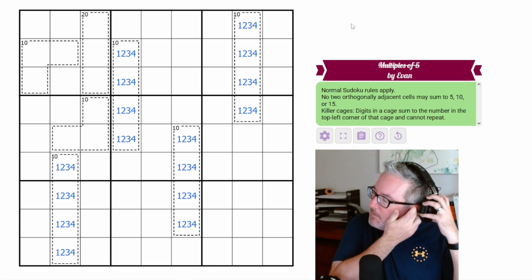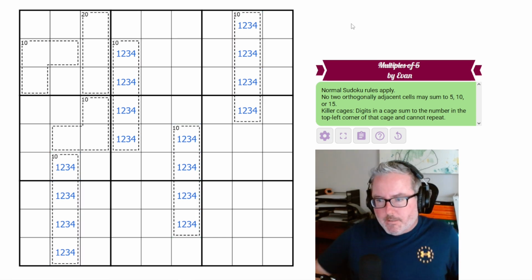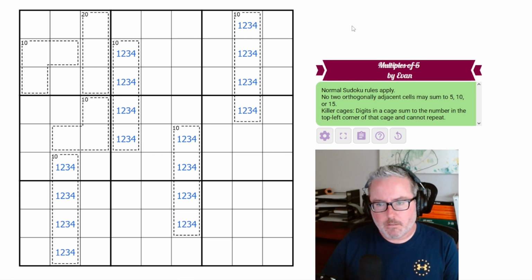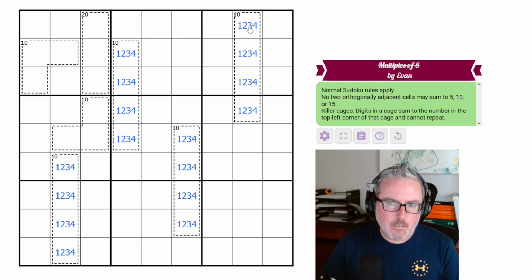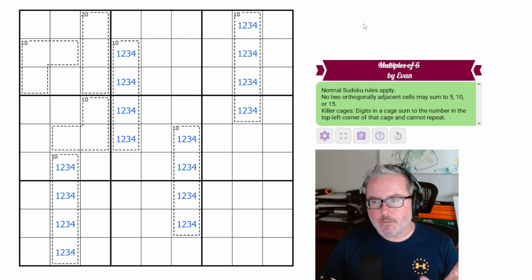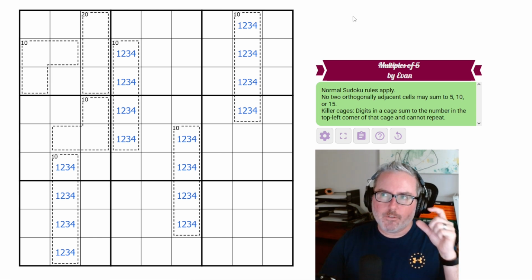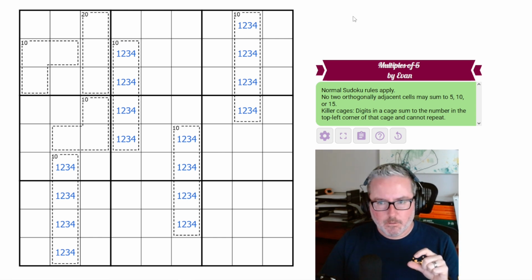Now, that is a bit of interest there, because if we think about the negative constraint of no two orthogonally adjacent cells may sum to 5, what does that say about the placement of these digits? Well, essentially what these 10 clues are, if you want to think of it this way, 2 sets of V clues, almost.